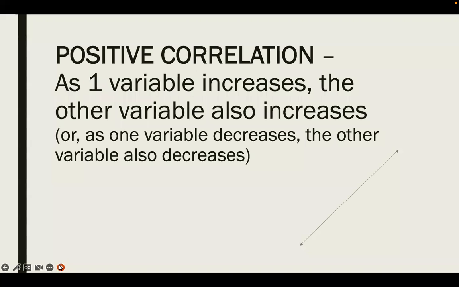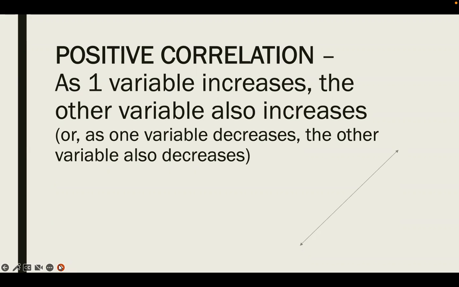And if you think about what this looks like in terms of a graph, well, we have a line here. And if you're familiar with graphing a line and slope, this has a positive slope, meaning we're talking about positive correlation. So graphically or visually, positive correlation is going to look a lot like positive slope.